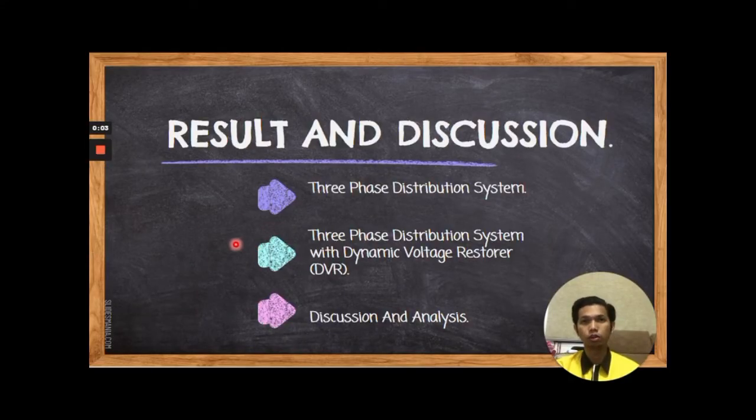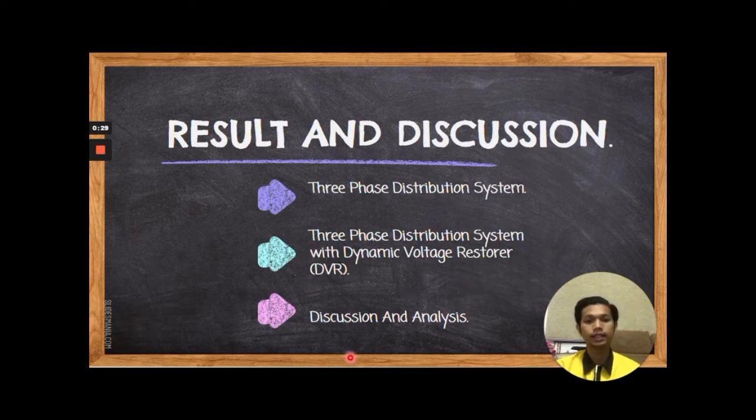Assalamualaikum, my name is Mohamad Fahmi bin Norrawai, and now I would like to explain about the result and discussion for our project. What I would like to explain in this part is the three-phase distribution system, and then the three-phase distribution system with dynamic voltage restorer, or what we call DVR, and the discussion and analysis of each graph.